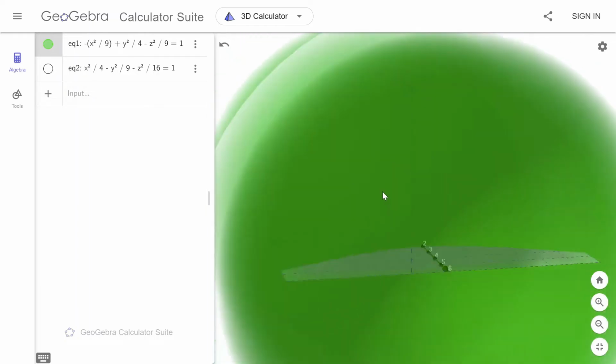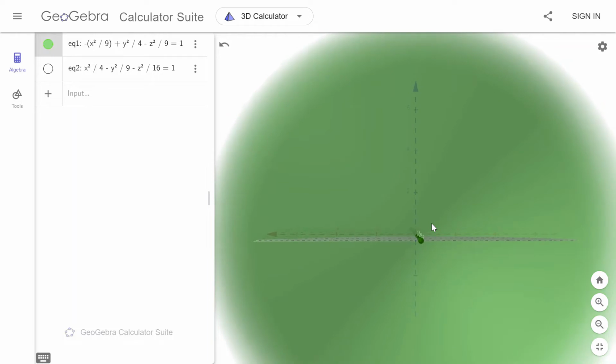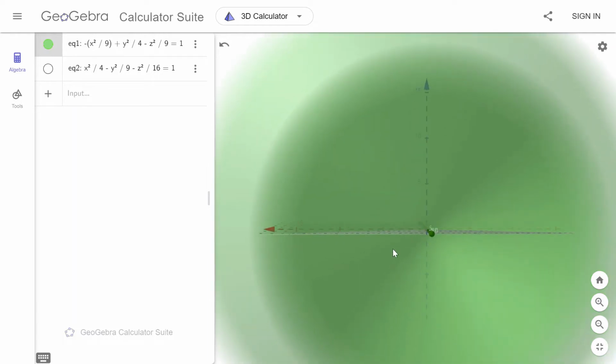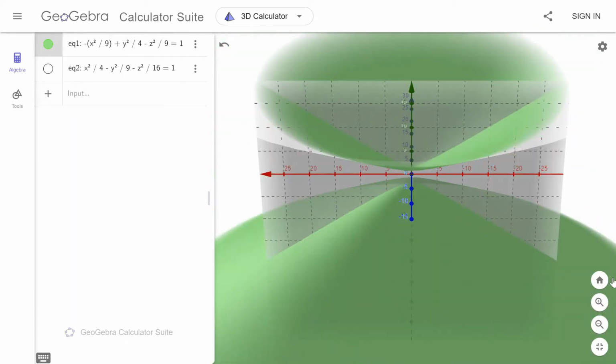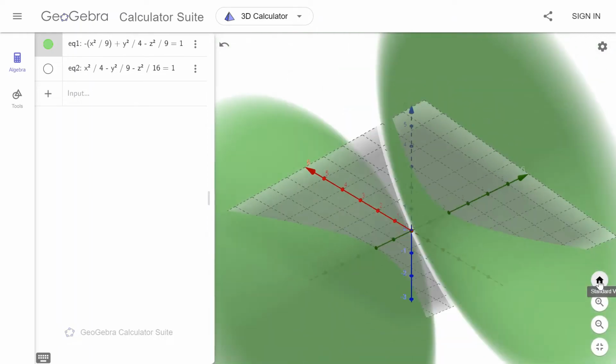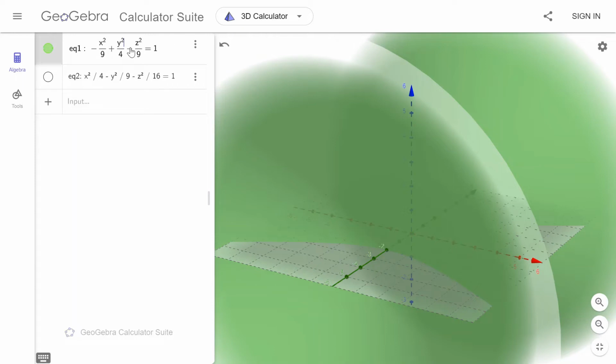But if we look at it at the other angle with y equal to 0, notice that this looks like a circle. You see that this actually looks like a circle. So this is the graph of the hyperboloid in 2 sheets with the equation negative x square over 9 plus y square over 4 minus z square over 9 equals 1.